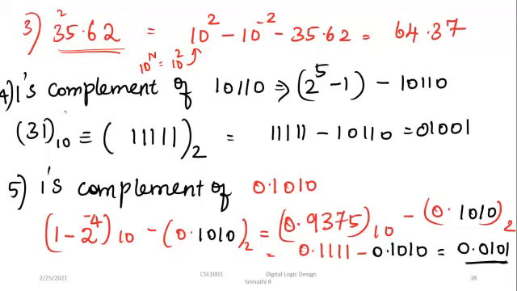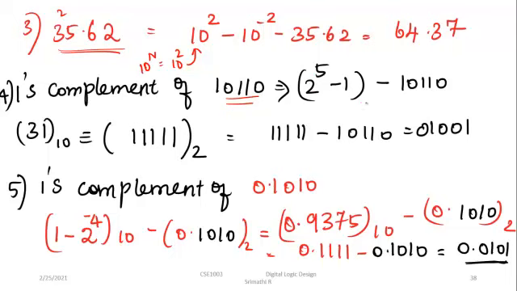And the next one is the 1's complement of a binary number. How will you take the 1's complement of a binary number? This is 1 2 3 4 5, so 2 power 5 minus 1.